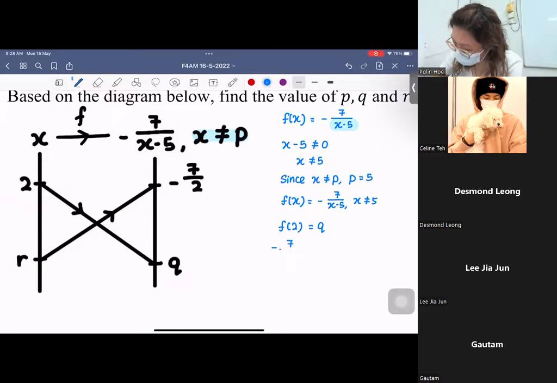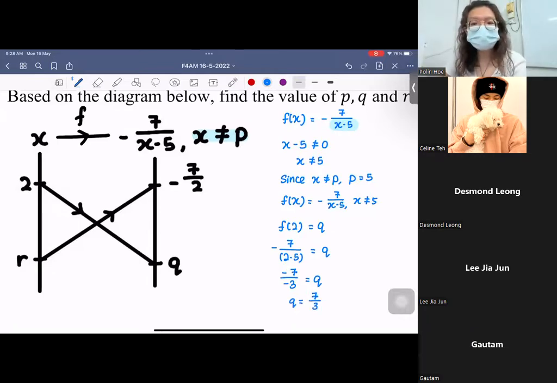Negative 7 over 2 minus 5 equals to Q. Negative 7 over negative 3 equals to Q. So my Q should be equals to 7 over 3.